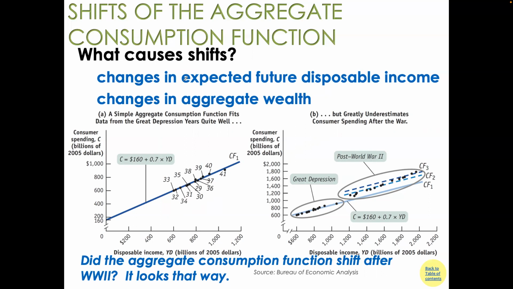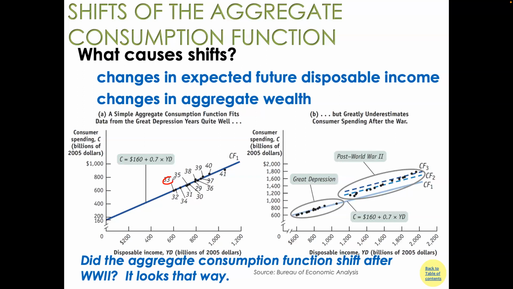In these slides, there are two graphs. On the left-hand side is the data for 1930. Now, everyone knows what happened in the 1930s. By the way, each dot on the left-hand side, these dots here, is 1933.